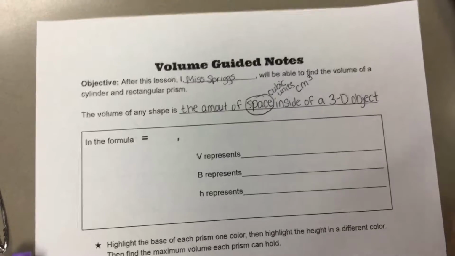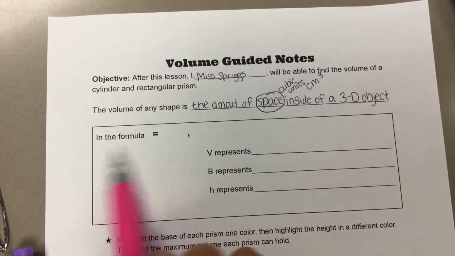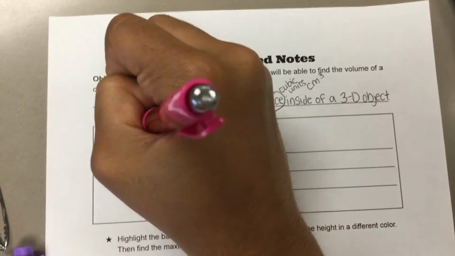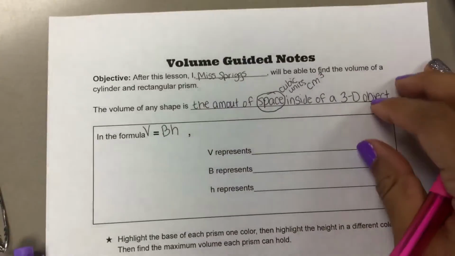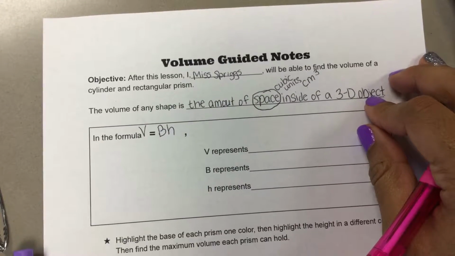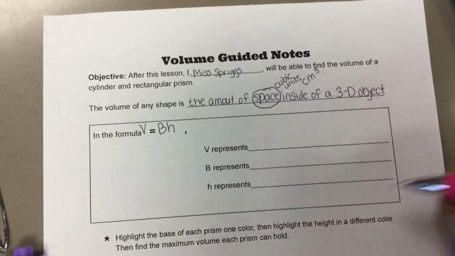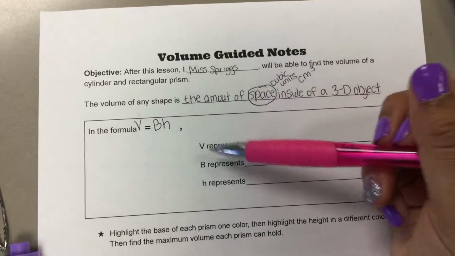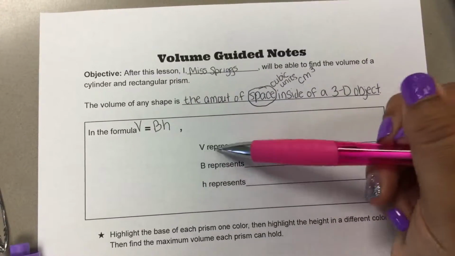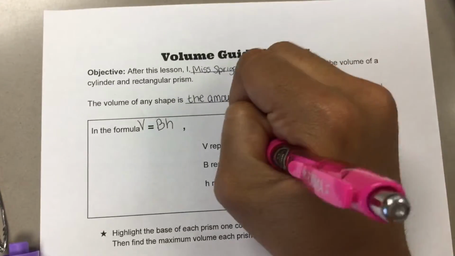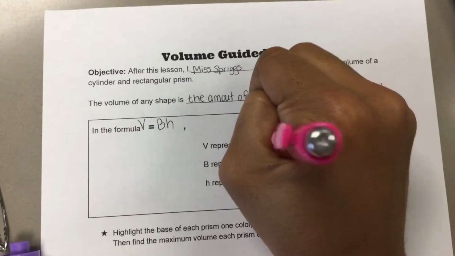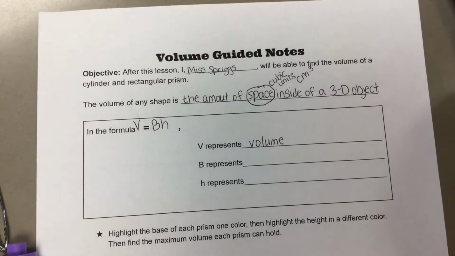Okay, so now our formula. So the volume formula is V equals big B times H. That may look a little familiar from another formula we know, and we'll talk about that here in a second. So V represents, well, what are we talking about in this? Volume. Okay.